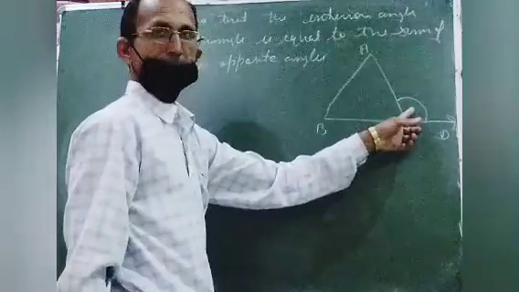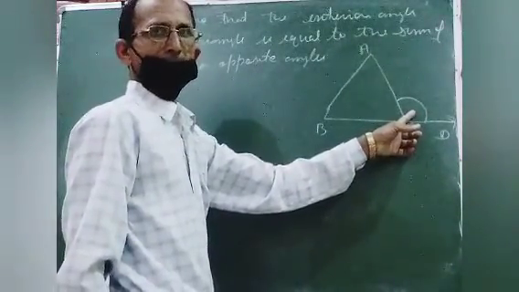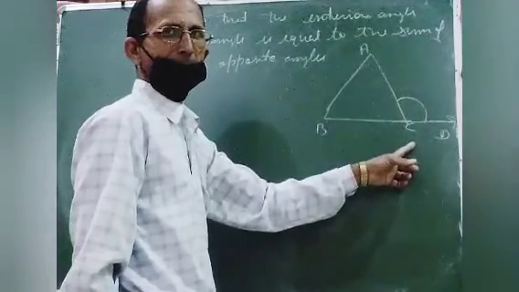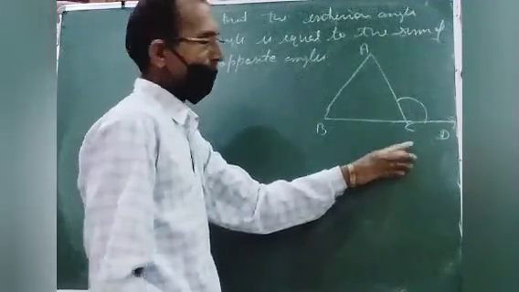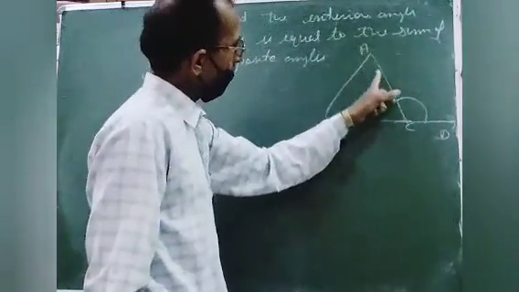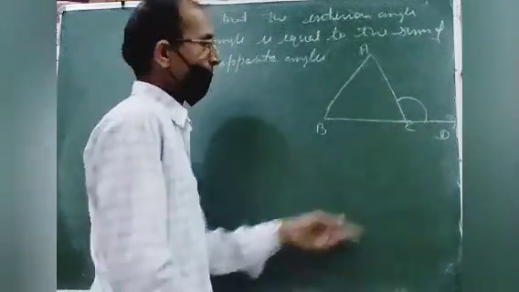So this is the exterior angle. The angle formed by the extended side of a triangle is called an exterior angle. BC is extended to point D. Now the angle formed by this extended side is ACD. So this is the exterior angle.